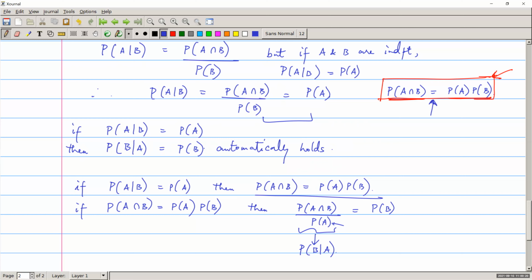Now keep in mind that the way we have formalized it is completely oblivious to how you're going to infer one from the other. Our definition of A and B being independent means that if I tell you the outcome is in B, there's no information provided to you about whether the outcome is in A additionally or not.